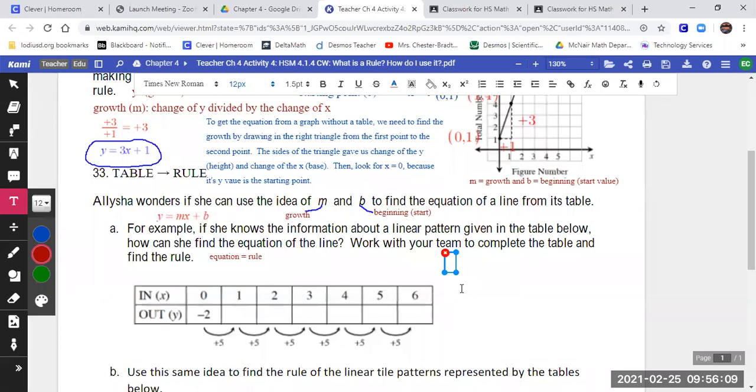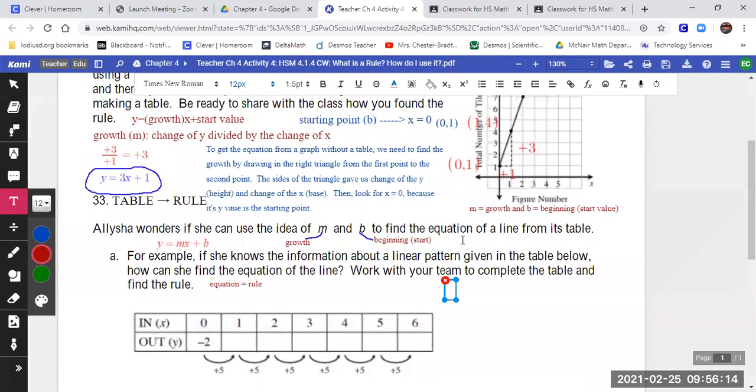So what's her name again? Alyssa? Alicia, I think it is probably. Because Alicia can find the equation, which is rule, from the information given with this table, because how can she find it?